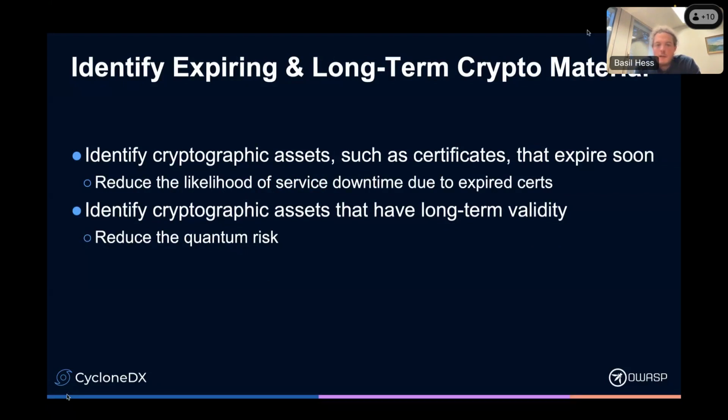On the other hand, if we have certificates that have very long validity, think about RSA certificates with a validity of 20, 30 years, there is a risk that they will eventually be vulnerable to quantum computers. So being able to express information about crypto material in a CBOM will help to reduce these kinds of risks as well.